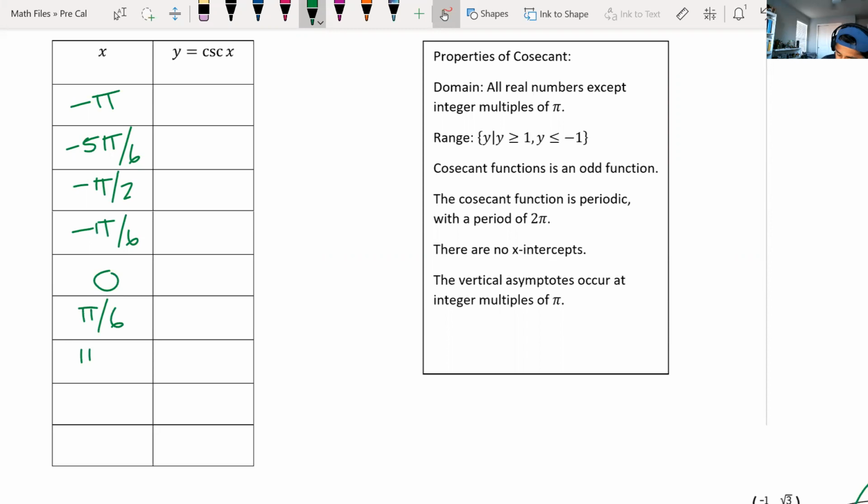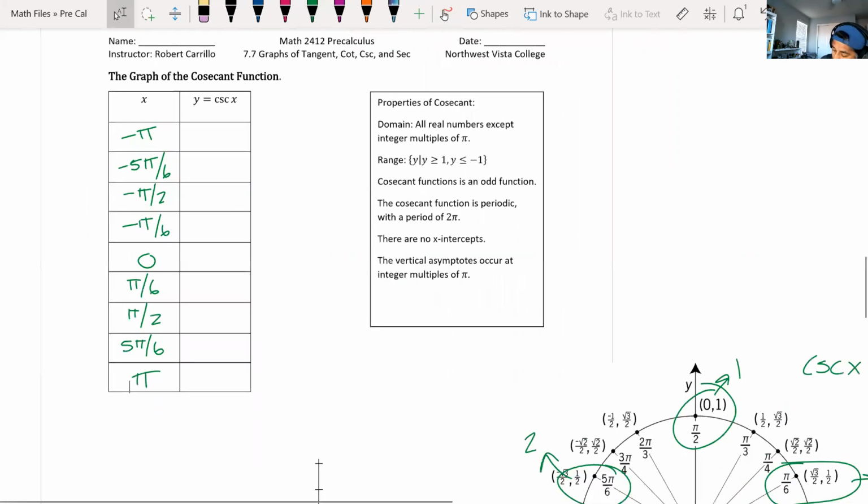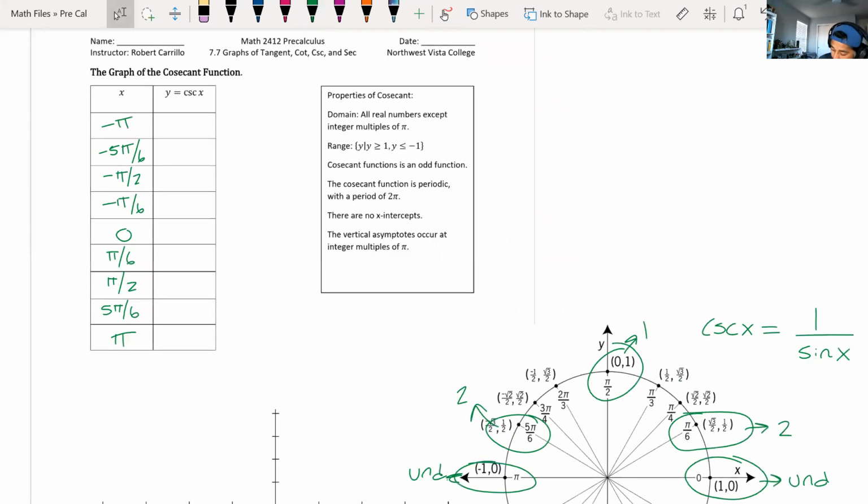Pi over 6, pi over 2, 5 pi over 6, and pi. Now, looking at this unit circle, at integer multiples of pi, we'll have vertical asymptotes. So this will be undefined.